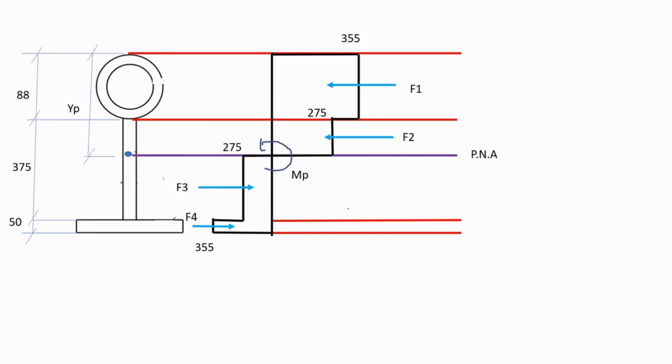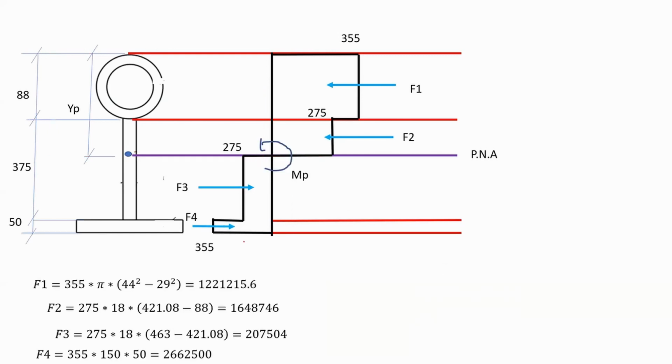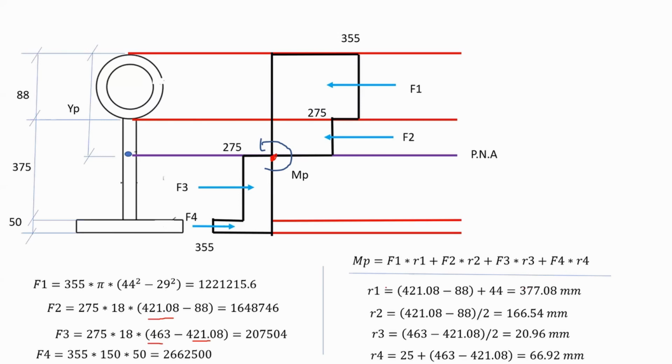So if we do that, now I substitute the value of YP in my previous equations. And this is the other YP. Since I have the forces, I can find the moment about point P, or the plastic moment. So again, I'm multiplying by the moment arms. If you calculate the moment arms for each force, it would be like this.